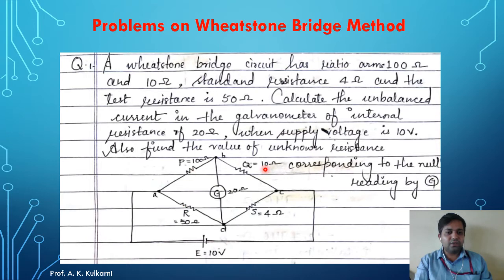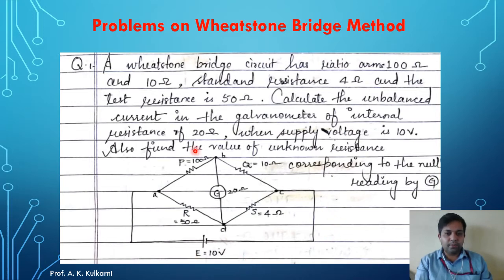So from these known resistances, what does he have to find? He has to find the unbalanced current in the galvanometer. We need to find this unbalanced current flowing through the galvanometer, which has a resistance of 20 ohm. And apart from the internal resistance of the galvanometer, he has also given the supply voltage, which is 10 volts.